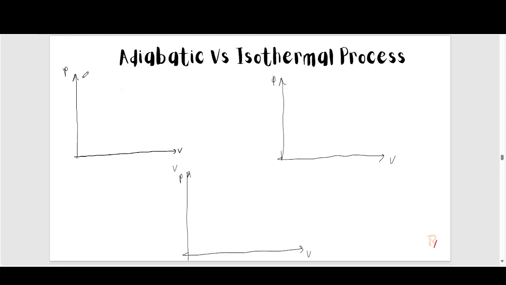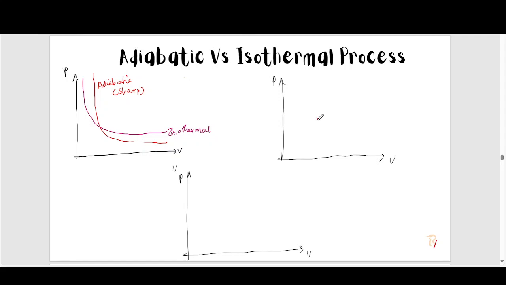Let me take an isothermal graph like this. This was isothermal. Let me take another color. I will choose this color for the adiabatic. And adiabatic graphs are too short. This will be our adiabatic, since these graphs are very short.